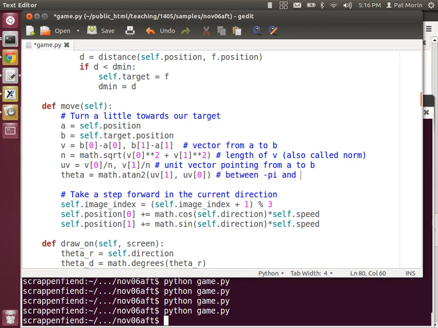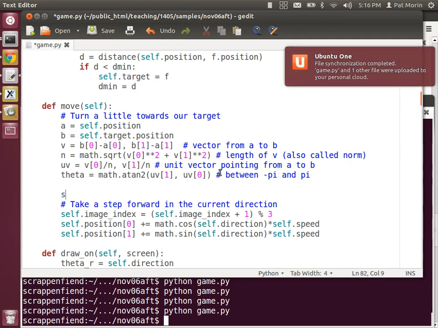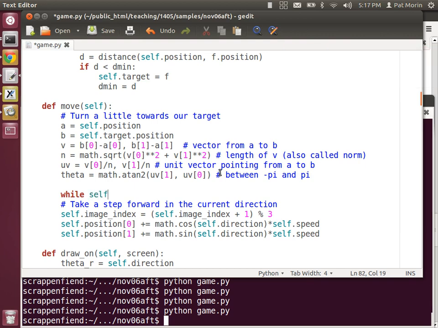And there is the direction we want to travel in, which we'll call theta. So theta is where we want to go. And it comes from math.atan2, and therefore it's a direction between minus pi and pi.